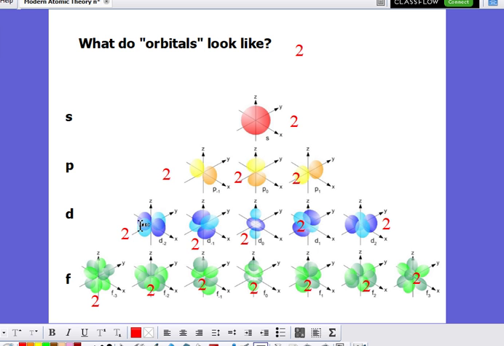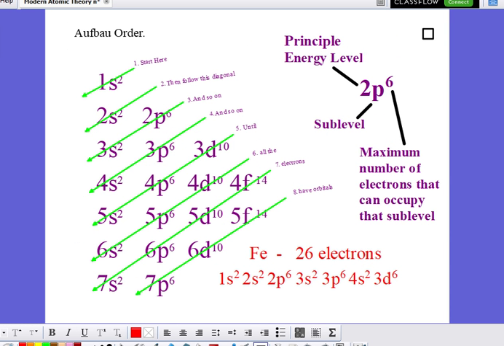Oh, we could go 1, 1, 2, 3, 4, 5, 6, and there's still space for more electrons. And this is what gives iron its unique properties, and this is what gives every element its properties: how those electrons build up, where there's filled locations and where there's half-filled locations.